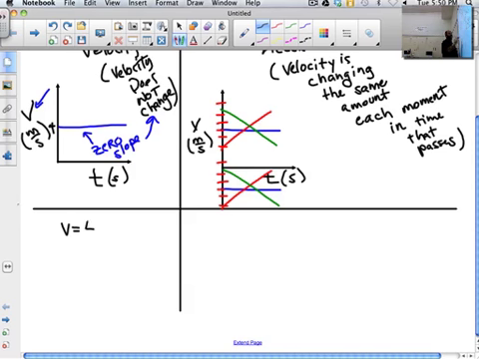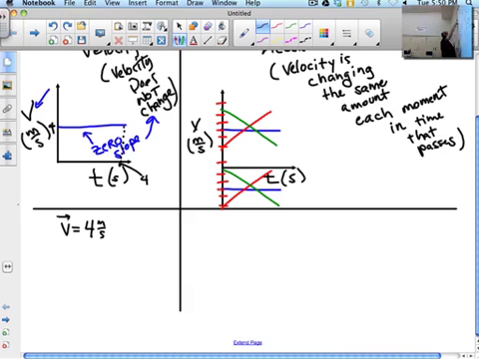So there's my equation. Now, more interesting than that, if I take the area of this graph, let's call that 4 seconds, now I can find the displacement.